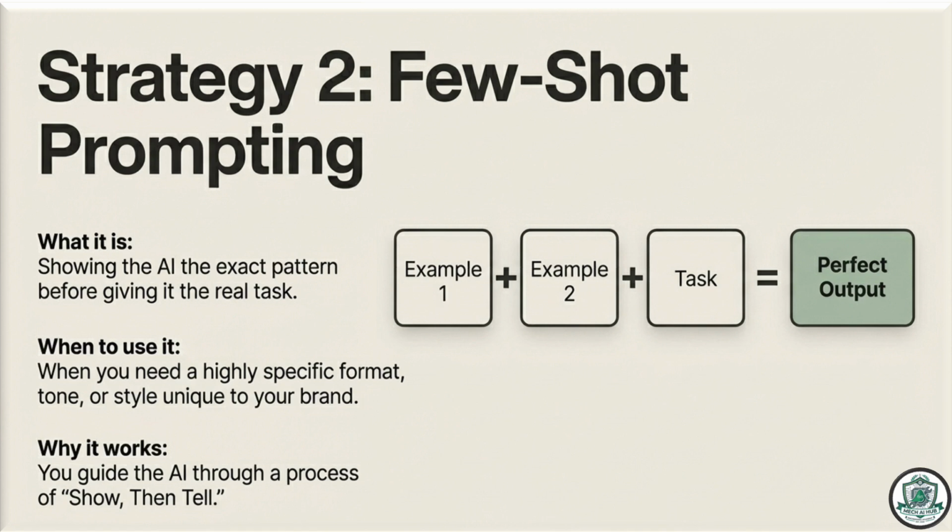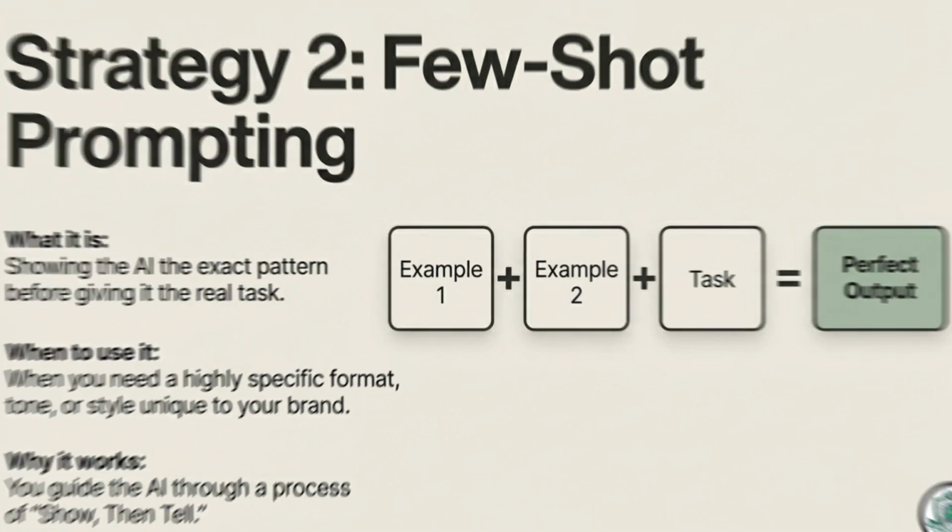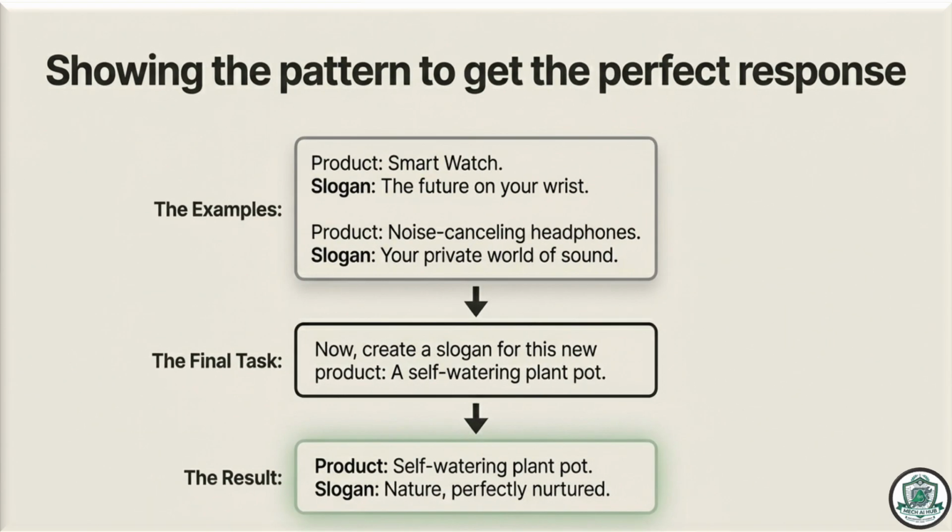This is where you give the AI a couple of examples of exactly what you want before you give it the real task. You are showing it the pattern. Let's say you want product slogans. Your prompt would look like this.